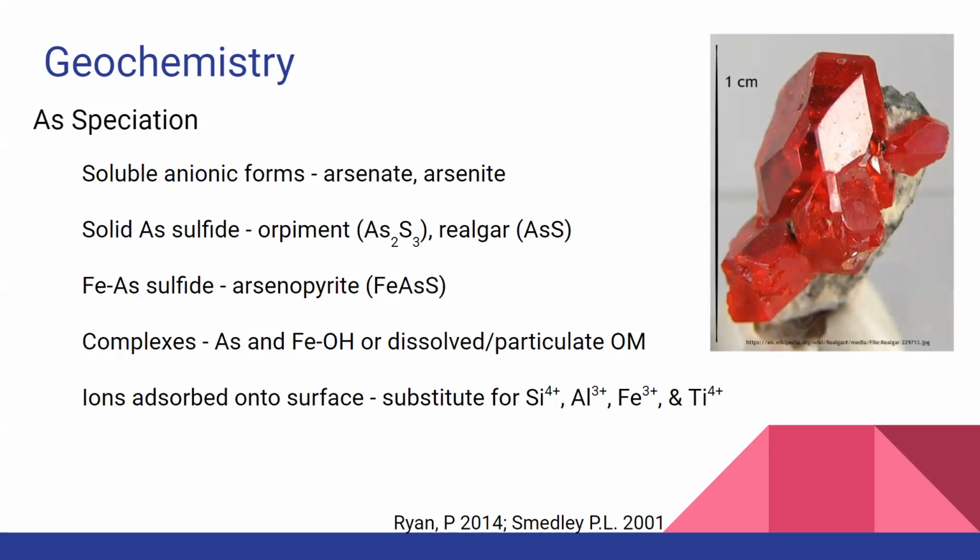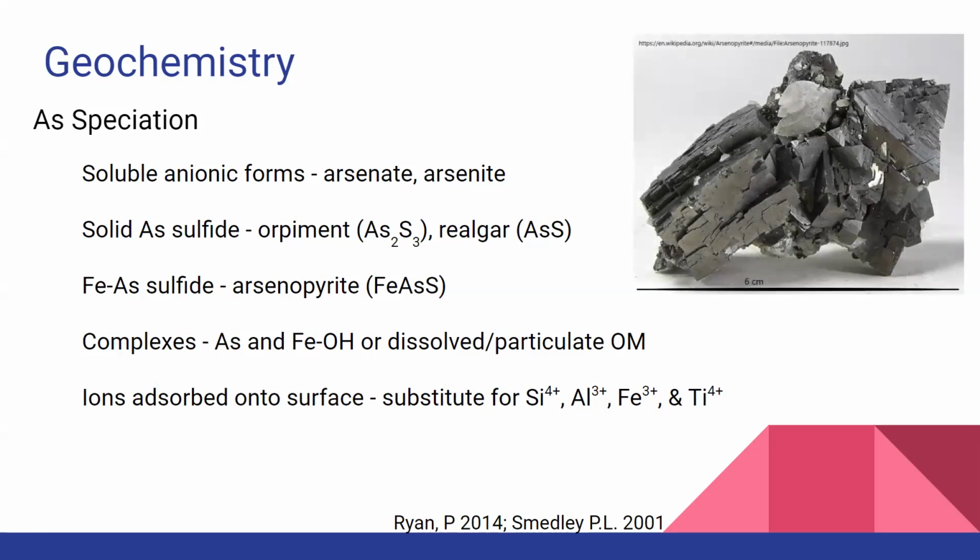As for iron arsenic sulfides, we have arsenopyrite, which is a metal-bearing sulfide mineral that's unstable in oxidizing environments, where the sulfide ion is oxidized from -2 to +6. And that's dangerous because arsenic can be released into soils, like Noah was talking about, or groundwater.